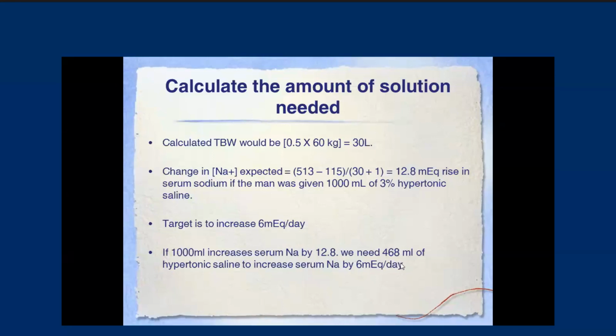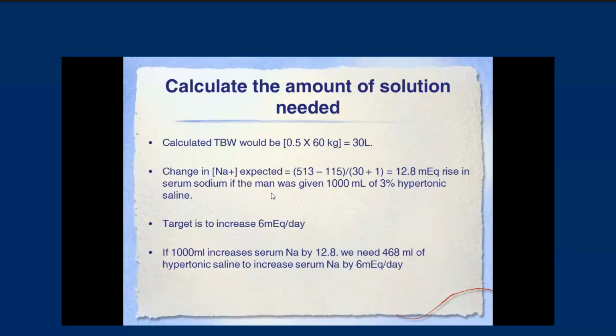There are some comments that infused sodium is the amount of sodium in the given solution. For example, if our infusate is normal saline, then the amount of sodium in the normal saline is 153. So rather than 513 here, we're going to use 153.